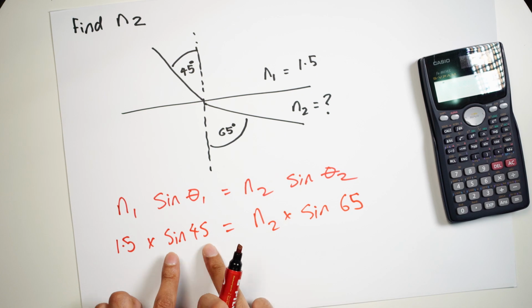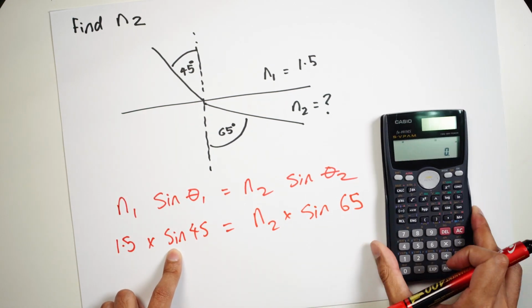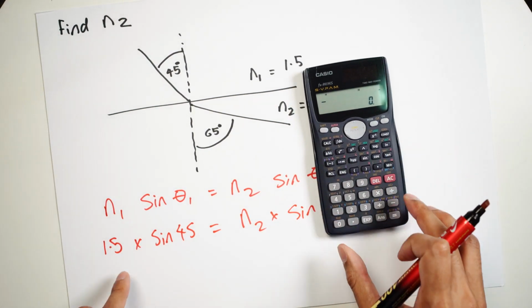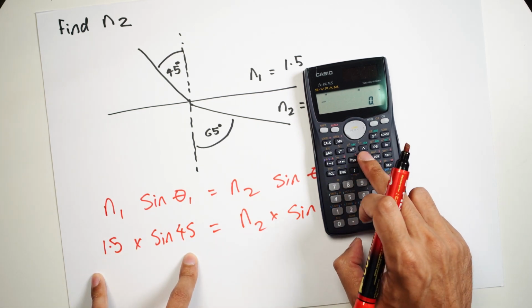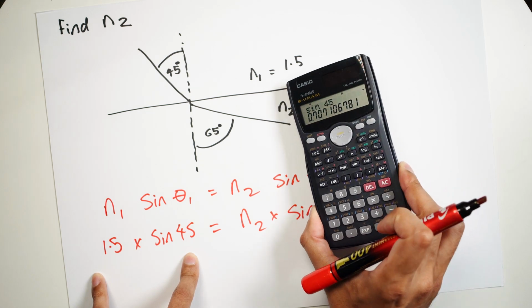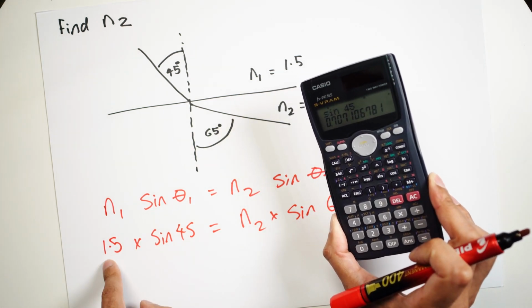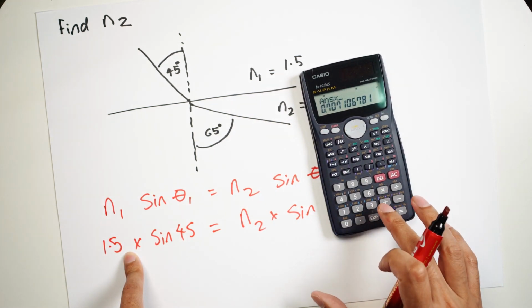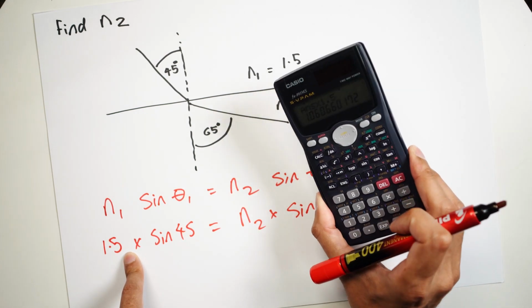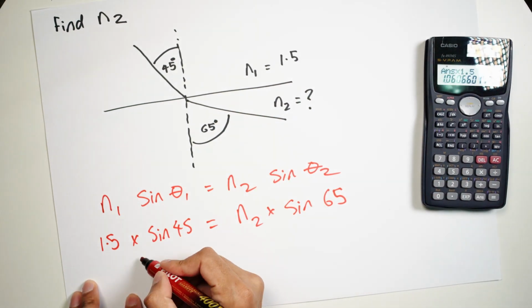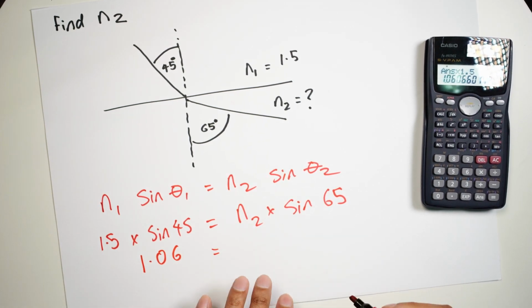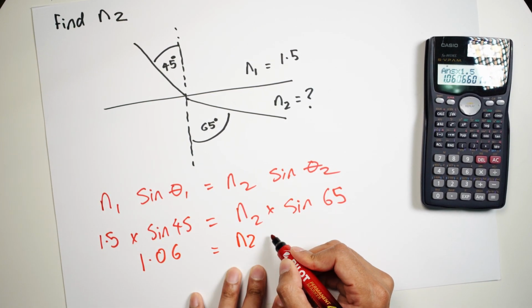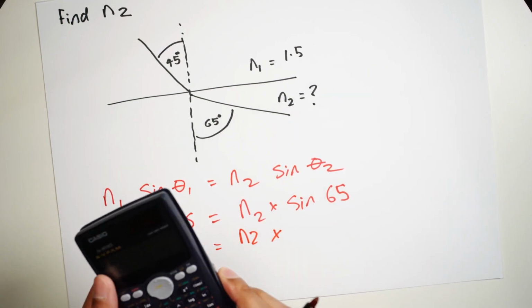So first of all, let's work out these things. I'm going to run out of space, so I'll just work it out here. So sine 45 is equal to 0.7, and then I'm going to do times 1.5, which is 1.06. So I'm just going to write it over here, because otherwise I'll run out of space. n2 times, what's sine 65?